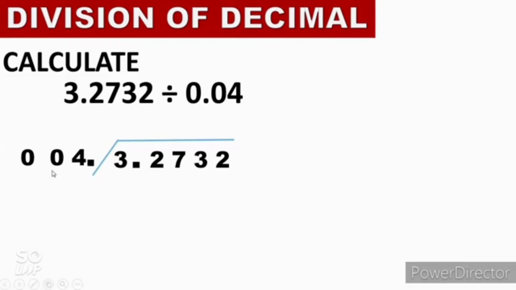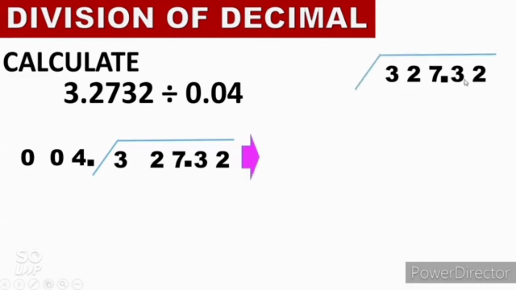So we move the decimal point 2 places to the right. So now it becomes 4. And the same with the dividend, 1 and 2. So now it becomes 327.32 for the dividend. And for the divisor, we have the whole number 4. Again, we have 0.04. It becomes 4. It becomes a whole number.